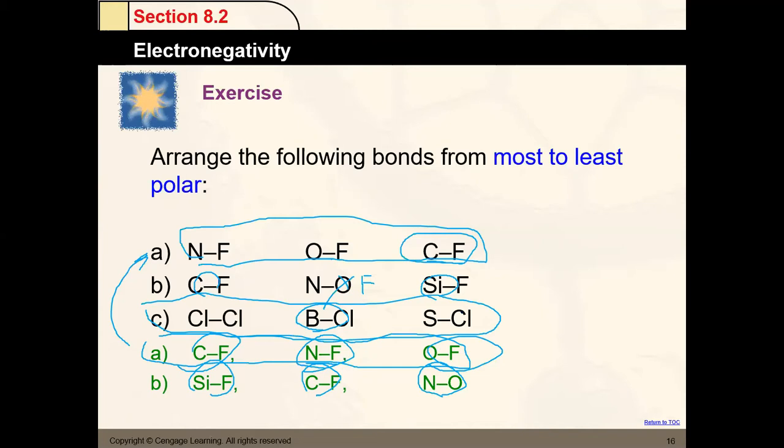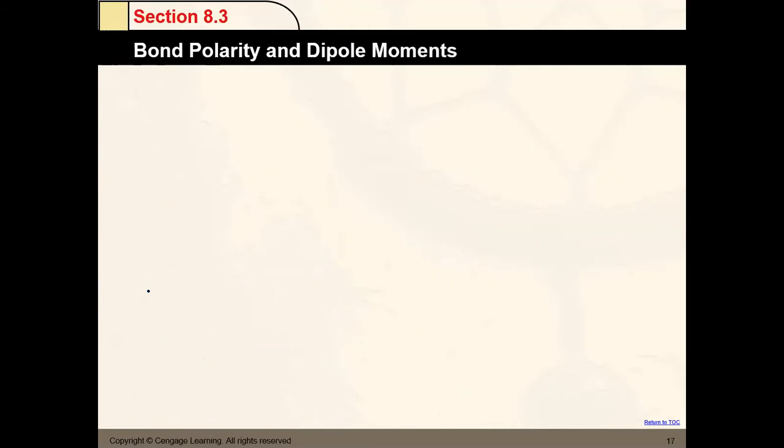Sulfur chloride is right next to chlorine, and then chlorine is polar. So it would be BCl, SCl, and ClCl, right? Sorry for the misunderstanding. I was thinking that they want us to rank vertically, but it was organized horizontally. But again, what we have to do is really look at the trends based on the separations between the two elements that you are discussing.